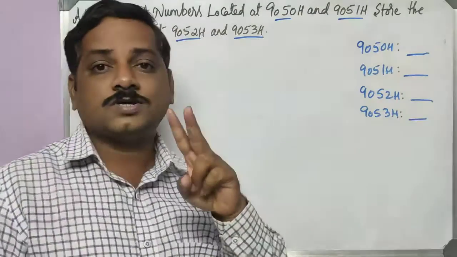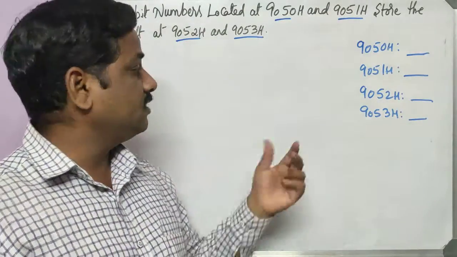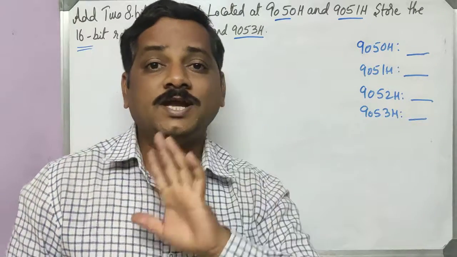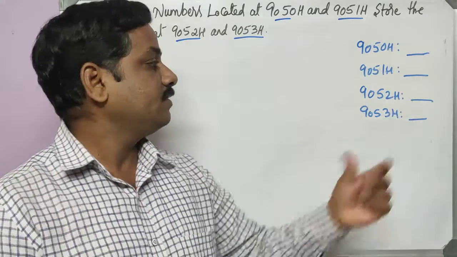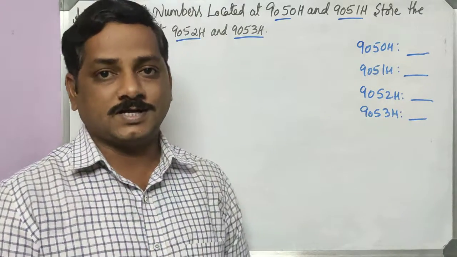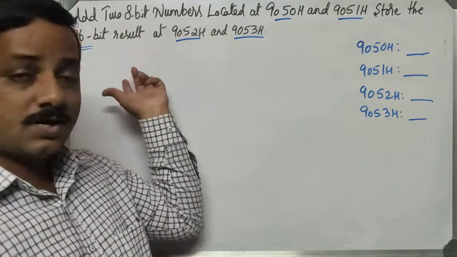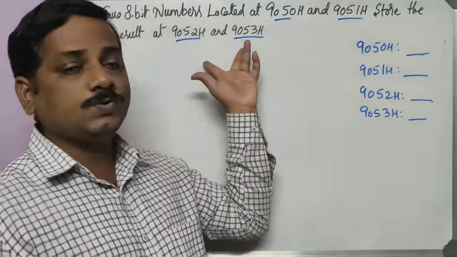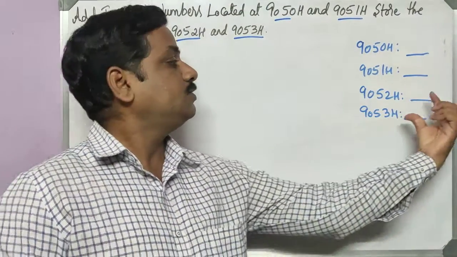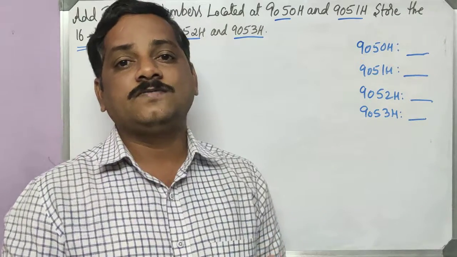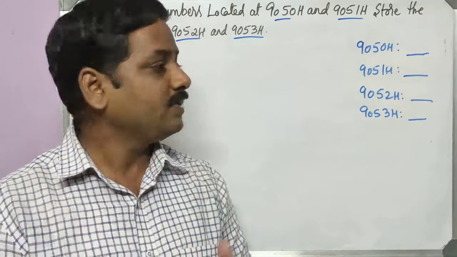We used two locations to store the 16-bit because at one location I can only store 8-bit. As we all know, microcontroller is an 8-bit processor. It is going to just store 8-bit data in it. So if we are getting 16-bit data, we need two 8-bit registers. So I used 9052 and 9053, two 8-bit registers. Combinedly we can store a 16-bit value.